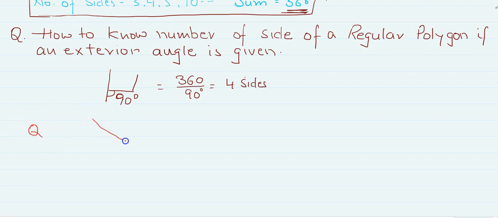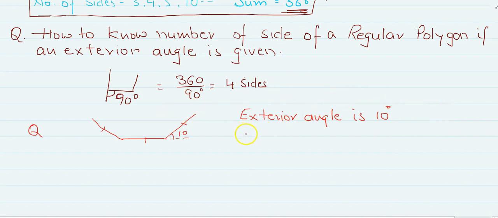Suppose a question is like this. A regular polygon is given, and one of the exterior angles is 10 degrees.